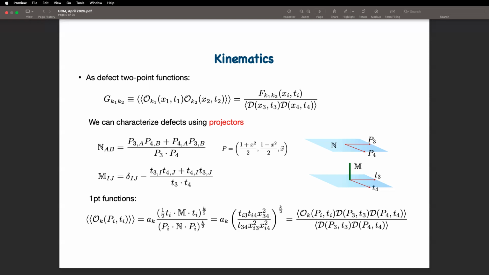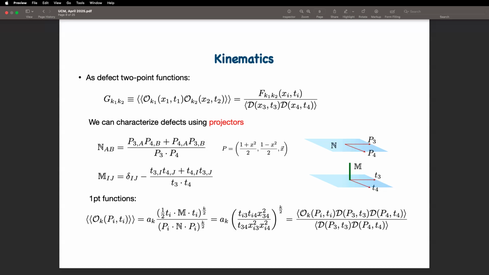Okay, so for the one-point function, from these ingredients, the only invariant object with the wanted scaling property is this combination. If you substitute in the definitions and express everything in terms of T and X, this is what you get.